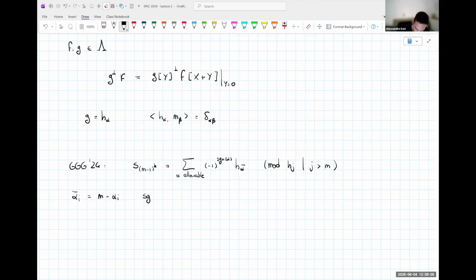And the sine of alpha is the number of indices such that alpha i is 0. So alpha, I guess I have to say what it is. Alpha is a weak composition of k times n minus 1, because the degree has to be what it is, of length k.